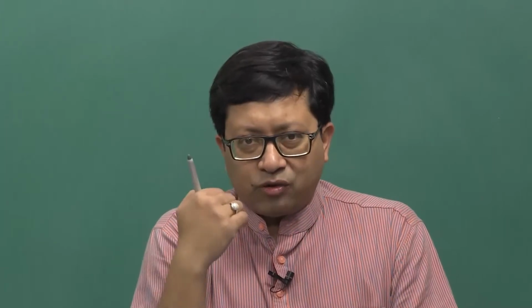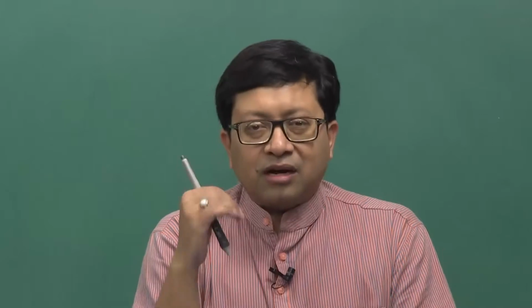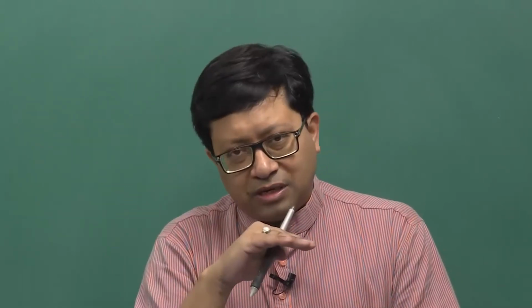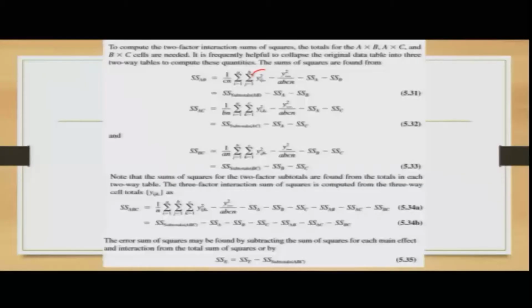Now, if it is AB, I am trying to take the factors of A and B considering C, which is the third one, is being summed out for the whole set. Similarly, the number of observations N is being summed out for the whole set, and rightly pointed out, this is where I am going to circle.